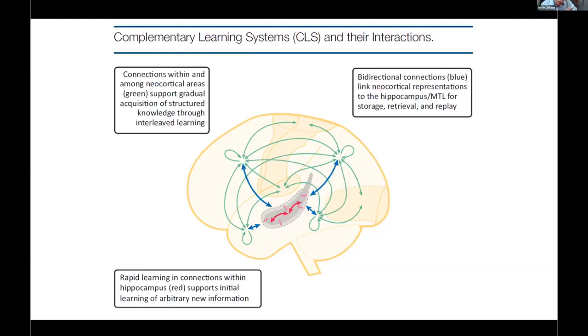In order for this to work, of course, we're going to need bidirectional connections, which we've shown here in blue, between the neocortical association areas and this medial temporal lobe area that allows patterns of activation in the cortex to be projected into the hippocampus and then serve as retrieval cues to bring previous mental states back to mind.